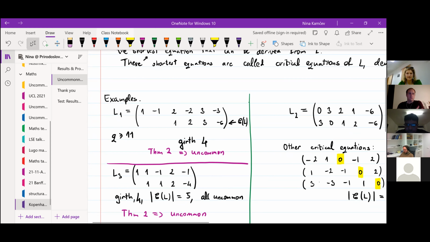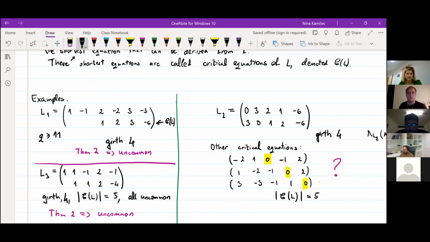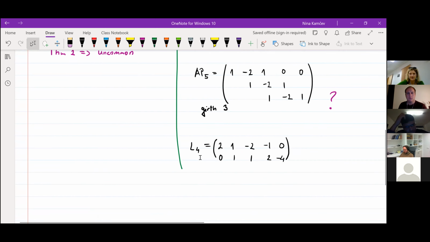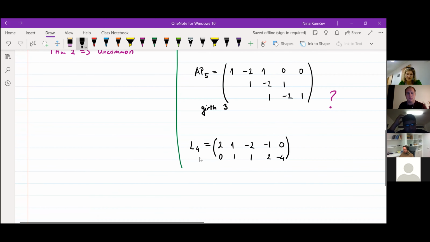Another example here below, which is perhaps more typical, I wrote it here, is where you have this one common critical equation. And the remaining ones that I won't write out, you have 4 uncommon critical equations.